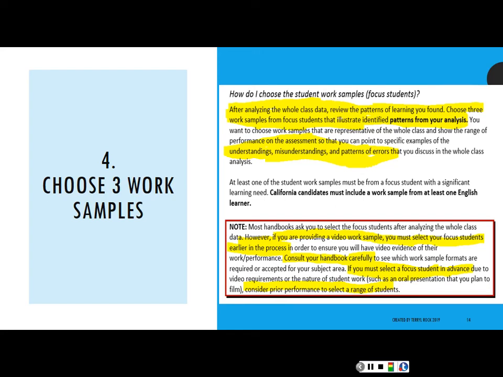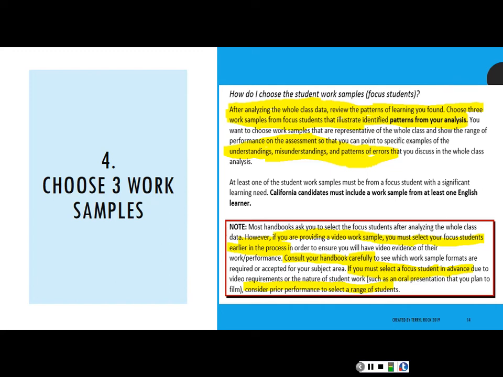And that's very likely what you might do. But I wouldn't just video 3 of them. Instead, I might video 6 and then choose the best 3 videos. So if you're going to use video evidence for your work sample, you do have to plan ahead a little bit.